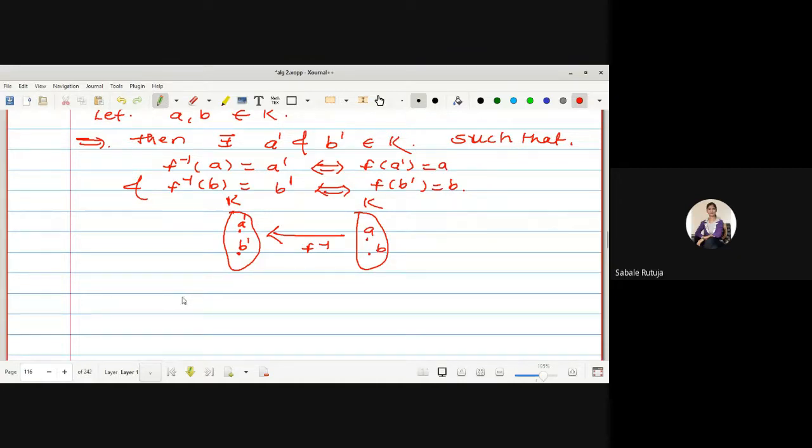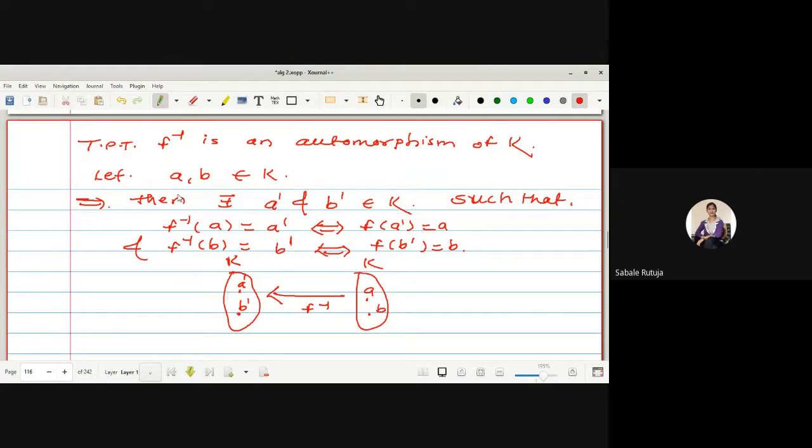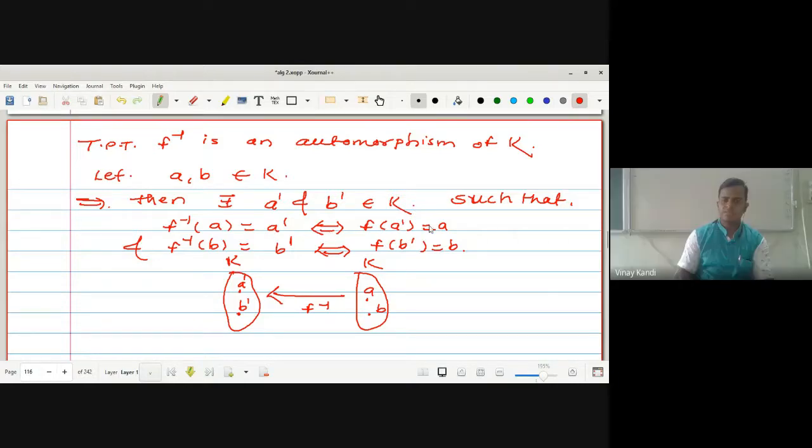So let A and B be two elements from K, then there exist A dash and B dash such that F inverse exists, as already stated. So F inverse of A is equal to A dash, which implies F of A dash is equal to A. F inverse of B is equal to B dash, which implies F of B dash is equal to B.